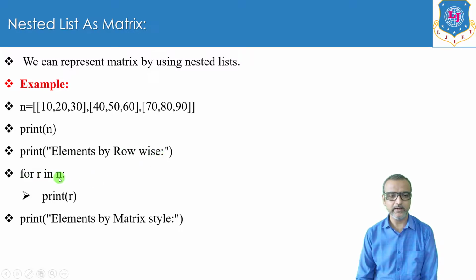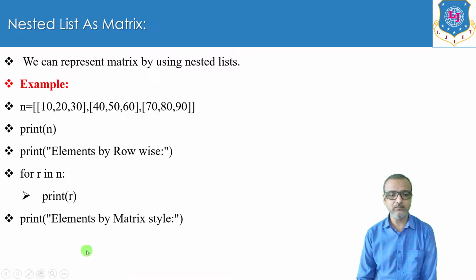For r in n, that is for this list n, the index of this one is 0, the index of this one is 1, and the index of this one is 2. Print r. So what will this do? It will print this one list, then this one list, and finally this one list. Then it will print the statement "elements by matrix style".